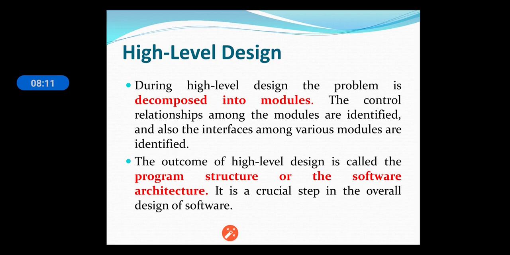Whatever modules and control relationships we identified are represented in the form of a diagram, that's nothing but a structure chart, also termed a program structure or software architecture. So in a program structure, the control relationships among the various modules are represented diagrammatically.